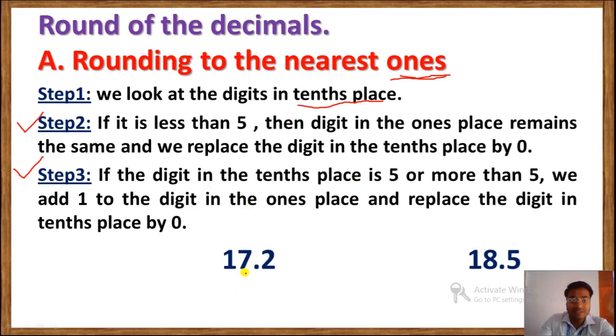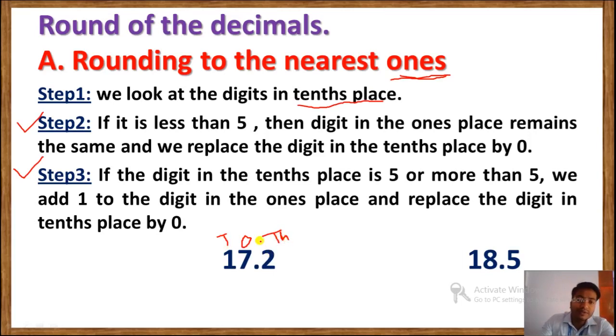So we have here 17.2 and 18.5. We have two decimal numbers. According to step number 1, we need to see the 10th place. Here you can see this one is ones and this is 10th.